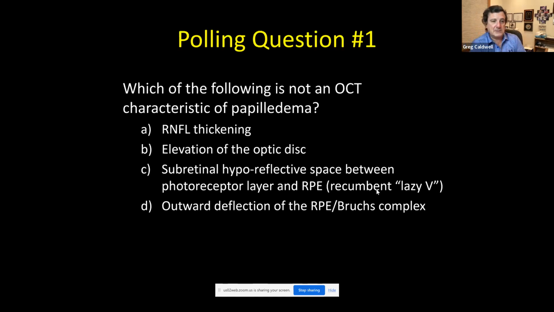I think they were paying attention. Well, that's wonderful. Remember, anything that's going out is generally normal as it relates to the RPE Bruch's complex. If it's curling in, regardless of the configuration, that's abnormal. That's elevated intracranial pressure. Great work, team.